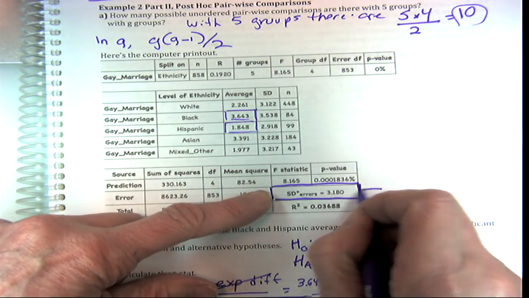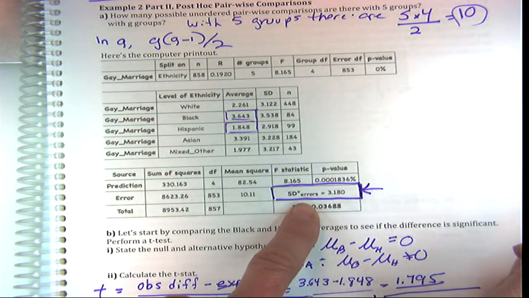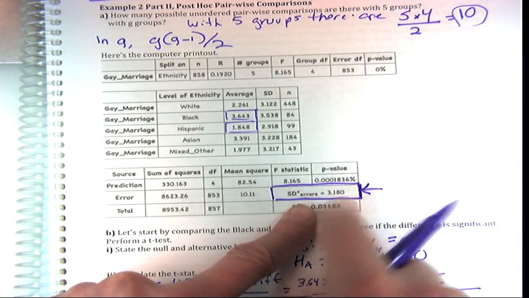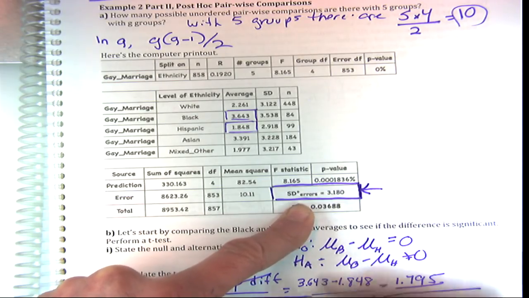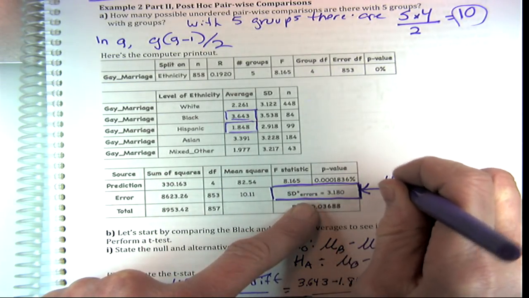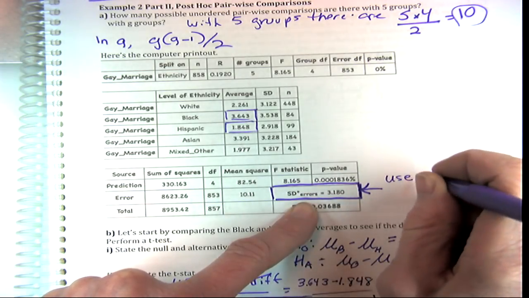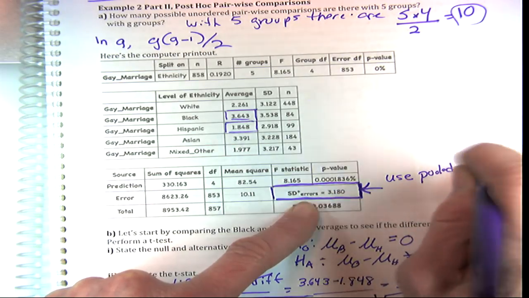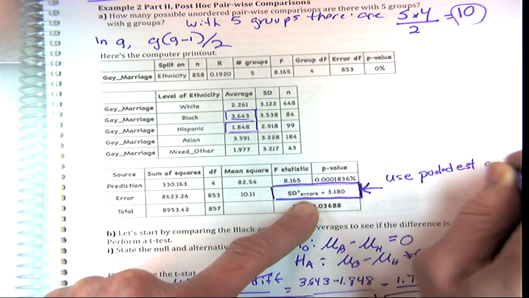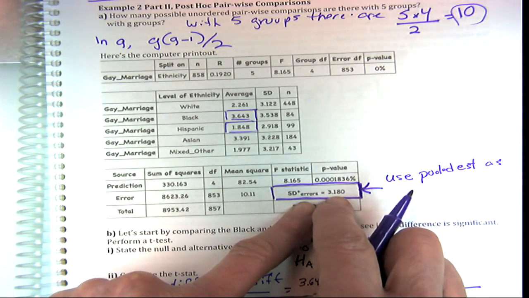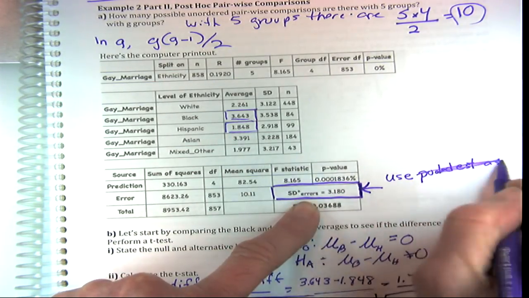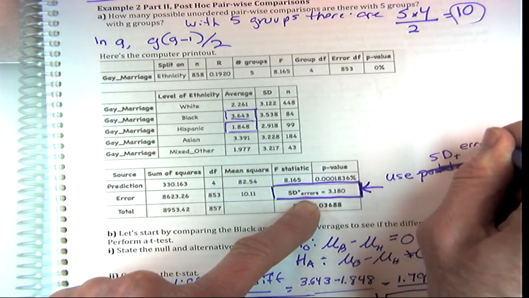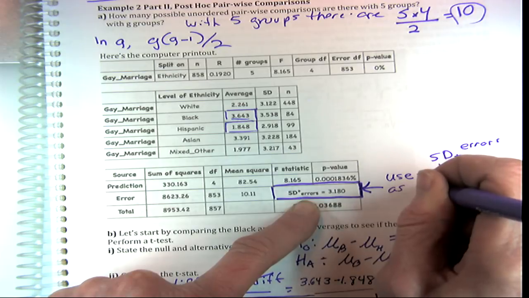So we're going to use this as our standard deviation of the whole thing under the null, right? This is going to be our pooled estimate for all of it, because under the null there's no difference between the groups. We want to use the SD plus errors as a pooled estimate.